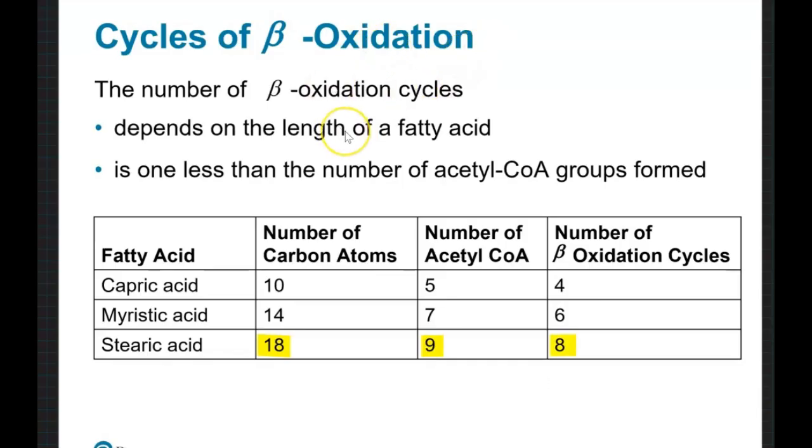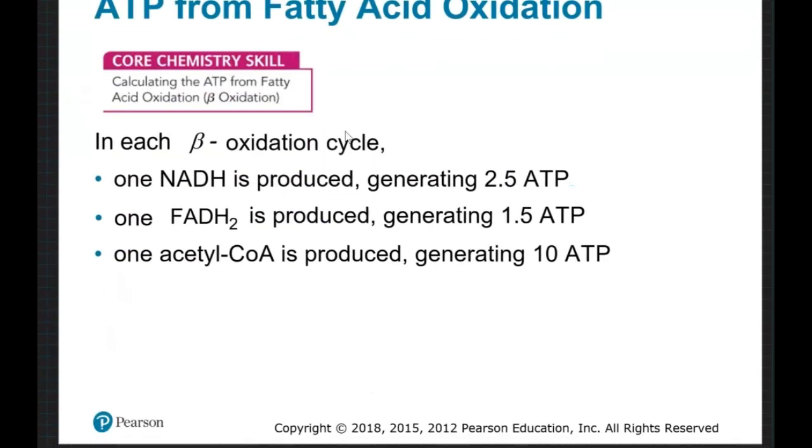Stearic acid has 3 times as many carbons as glucose. So now take a look at the energy yield. One cycle, you generate 1 NADH, so it's 2.5 ATPs. FADH2, 1.5 ATPs. And acetyl-CoA, which during the oxidation in the Krebs cycle generates 10, which is quite a lot.